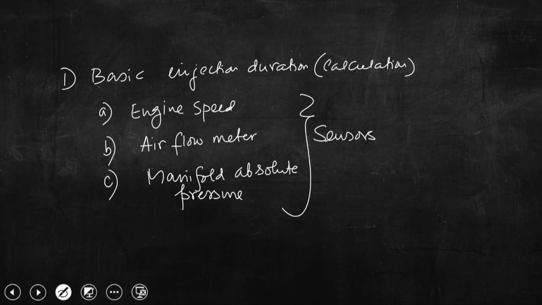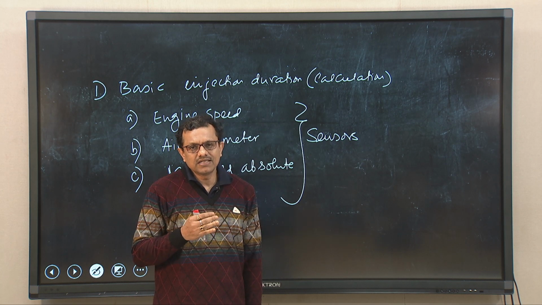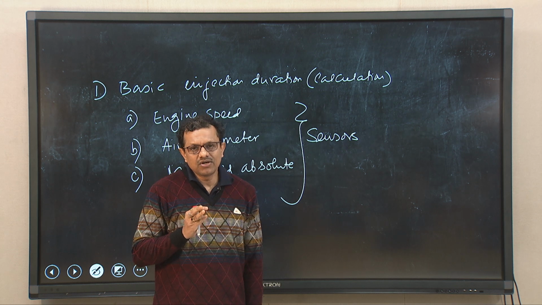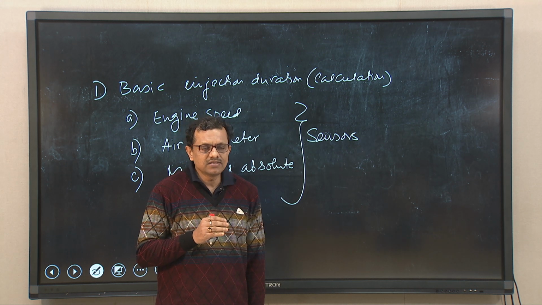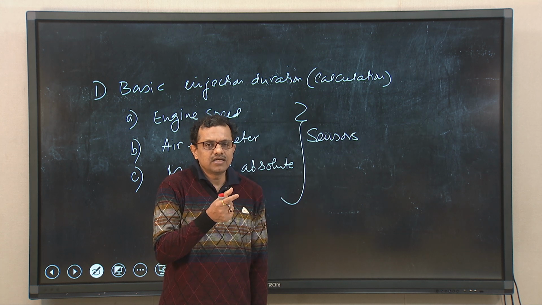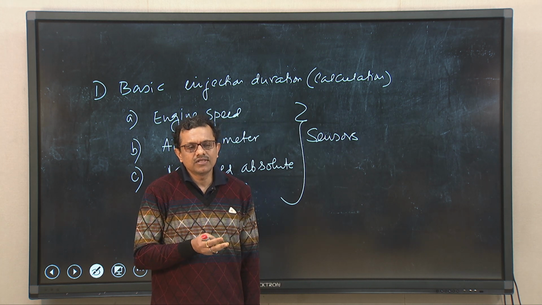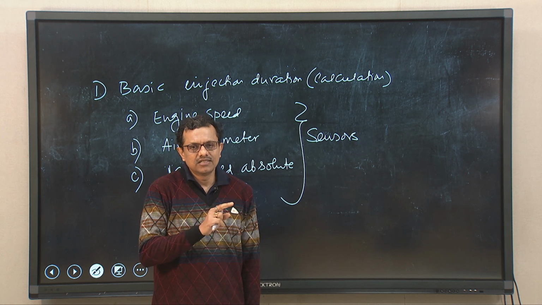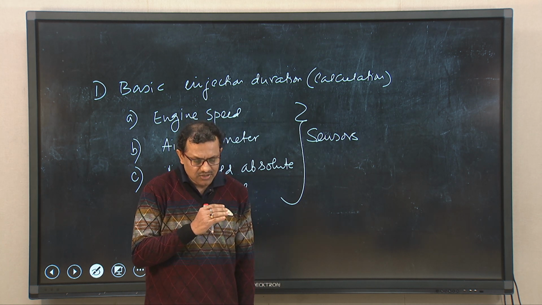The electronic control unit, as I said, determines basic injection duration based on engine RPM and airflow volume. That means the amount of air drawn into the engine cylinder during the intake stroke, together with the speed of the engine.